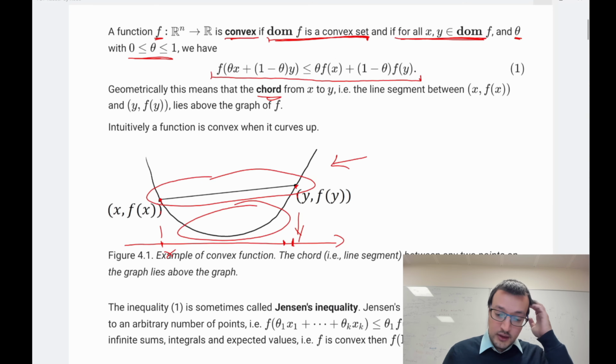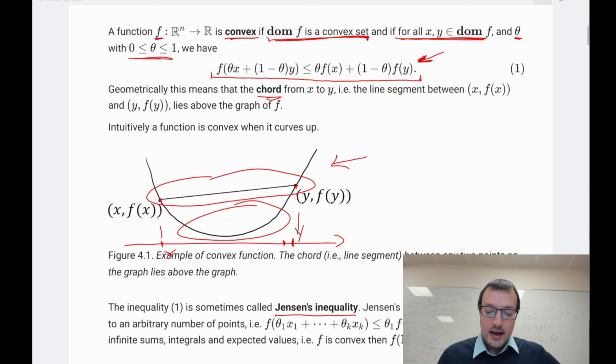This inequality actually has a name. It's called Jensen's inequality. And actually, this is a very special case of Jensen's inequality. This is the simplest possible case. Jensen's inequality can be generalized. For instance, instead of considering just 2 points, you can consider an arbitrary number of points, and it can be extended to infinite sums.